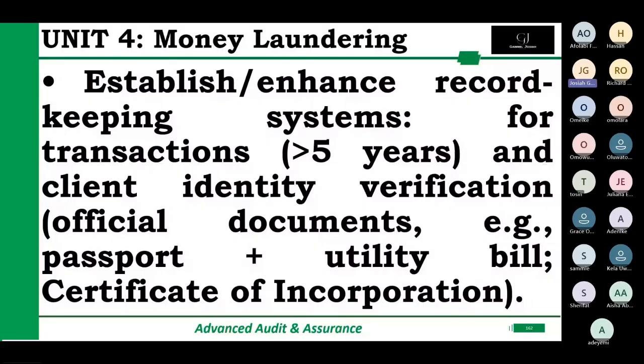And client identification and also verification of documents like international passport, driver's license, utility bill, certificate of incorporation where it's a company. So documents are to be sighted and certified as original.